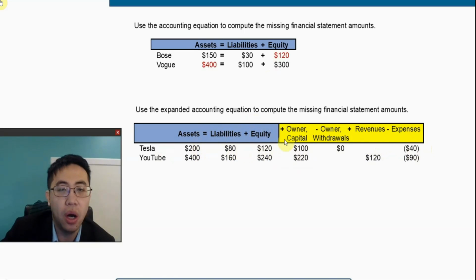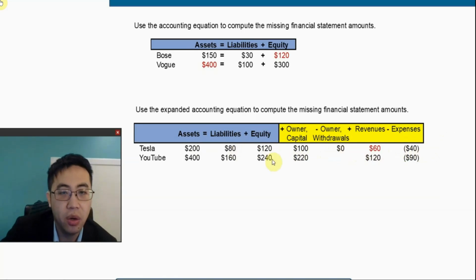Now you want to know the equity part, which includes these four items. So the summation of the four items should be 120. So 120 equals 100 plus 0 plus revenues minus $40 of expense. So what would that number be? That should be 60, right?